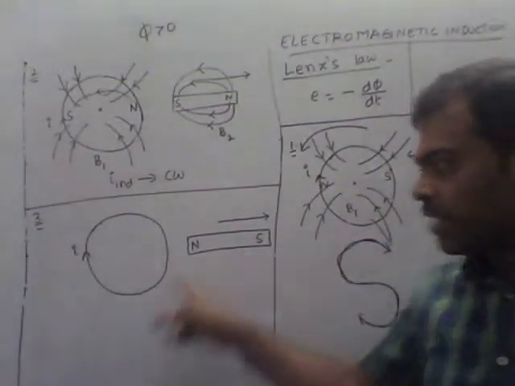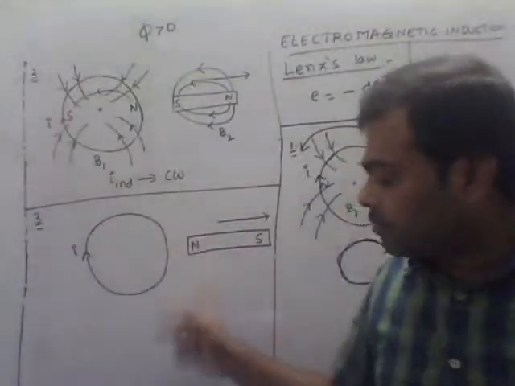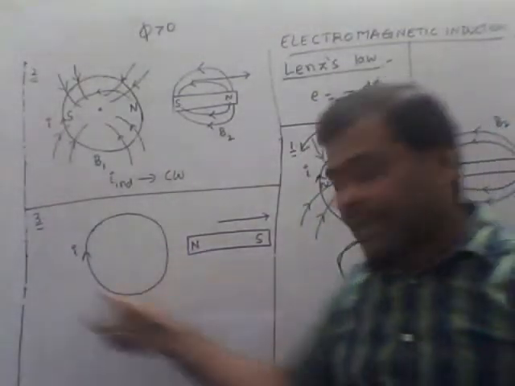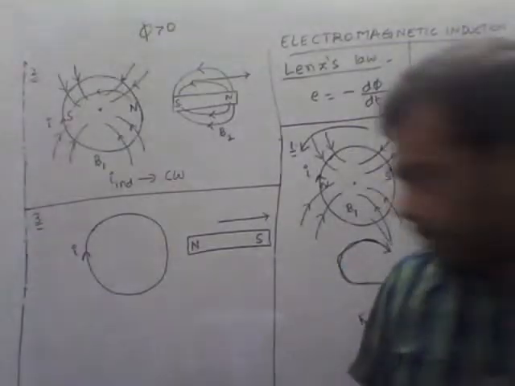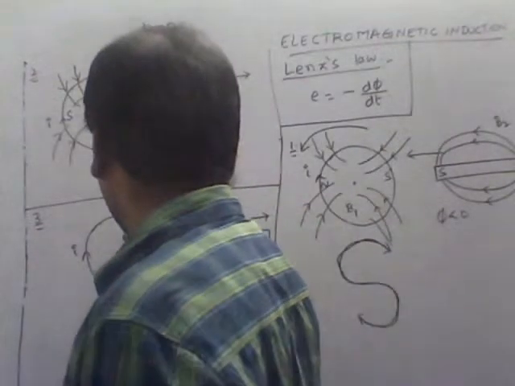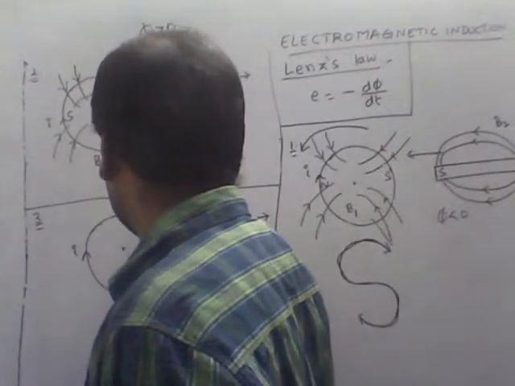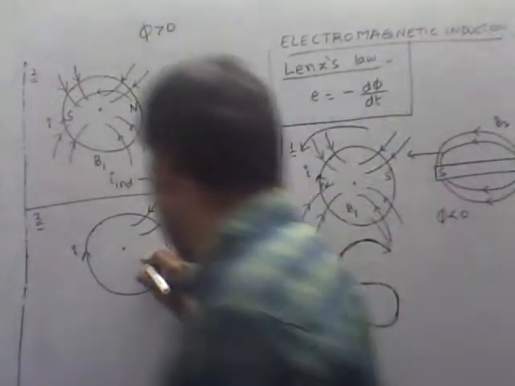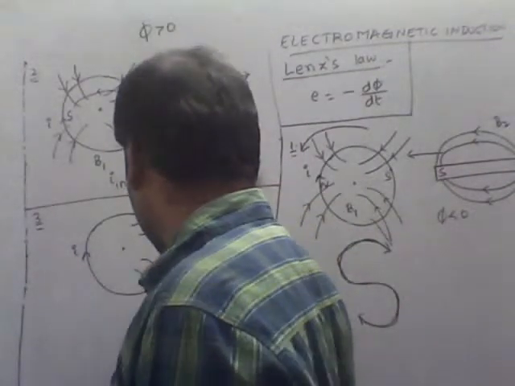Whenever we have a coil such that the current is moving in the clockwise direction, that means the magnetic field will flow inwards, just like before.